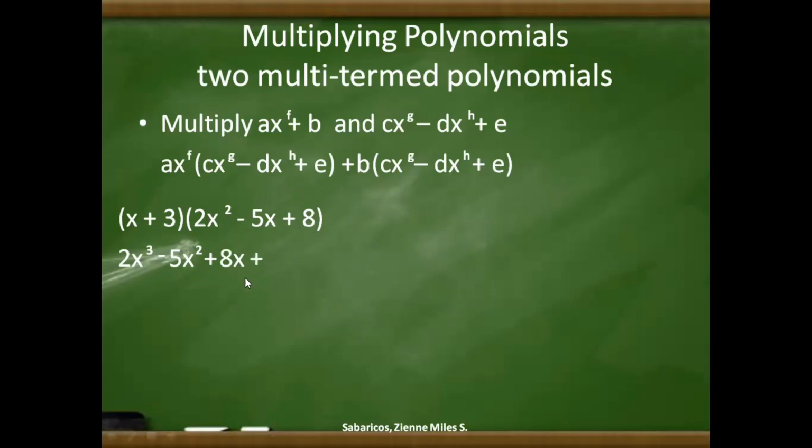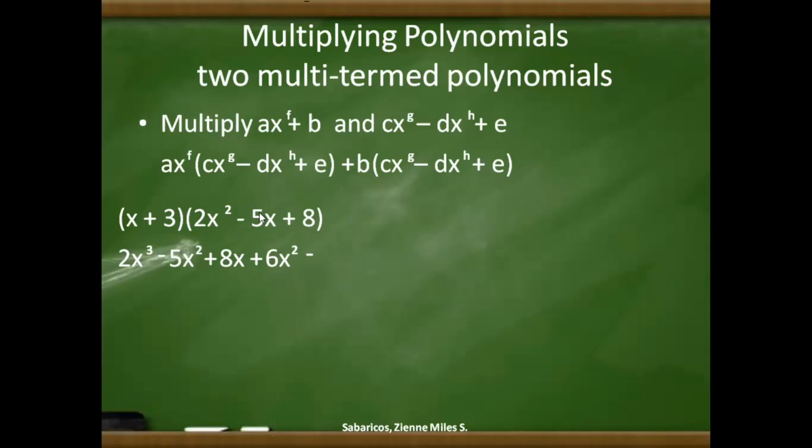So our answer for the first part of this. Plus 3 times 2 is 6. You bring down variable and exponent because 3 does not have a variable or an exponent. So we also bring down the sign of the next part. So 3 times 5 is 15.